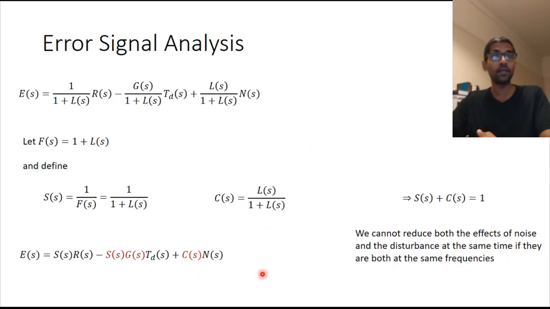Okay. Now, if we again write 1 plus L(s) as F(s), which is the denominator in each of these terms, let's call it F(s), and then define S as 1 over F. So S will be 1 over 1 plus L, and let's just write C as L over 1 plus L. Now note that if you add S and C, you get 1, right?